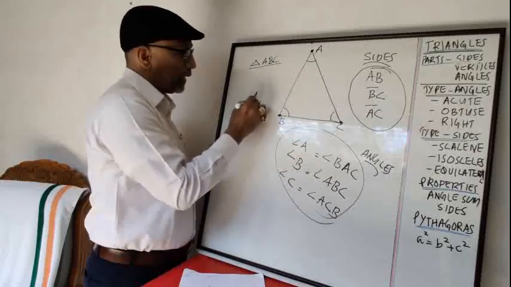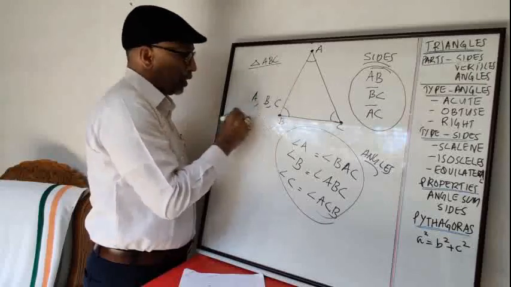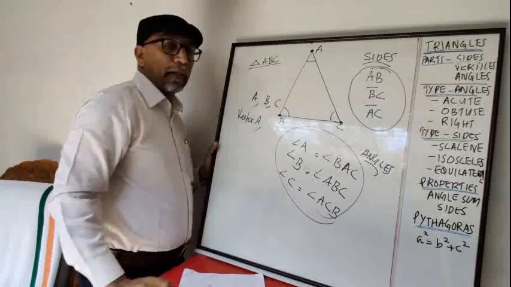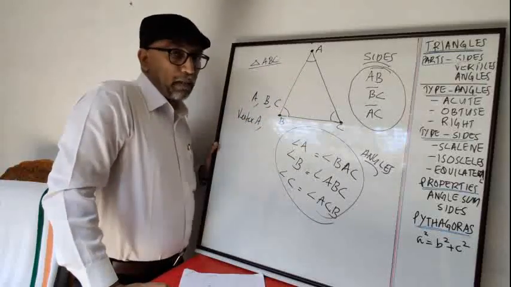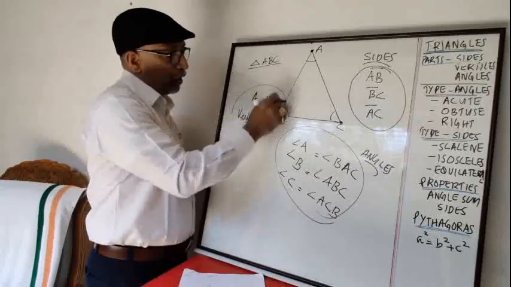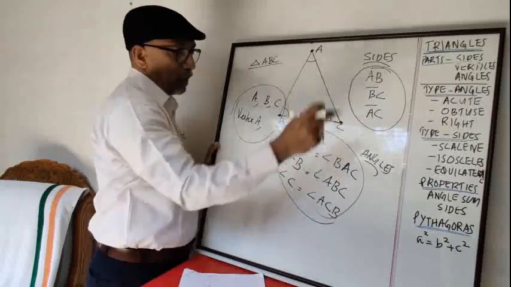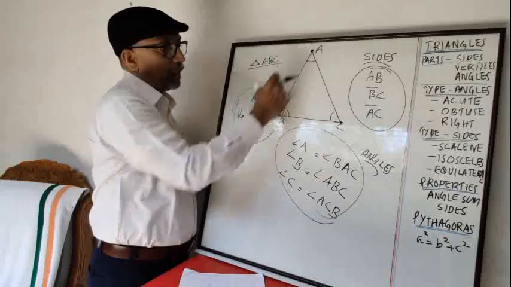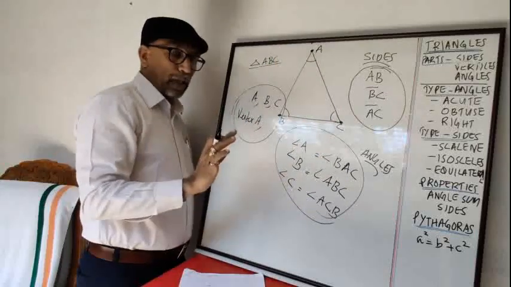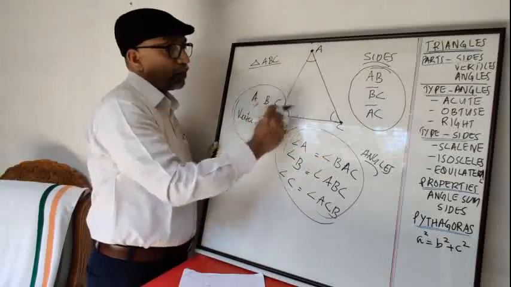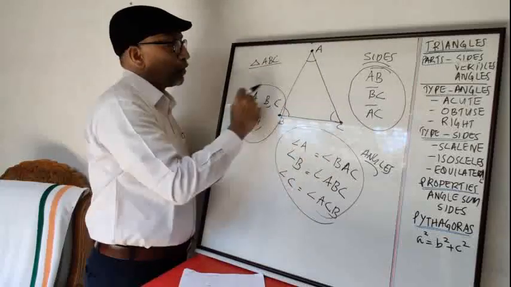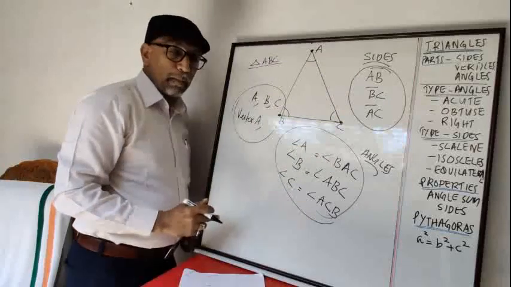So we have three vertices, A, B, and C. You can write vertex A, vertex B, and vertex C. So we have three things: sides, angles, and vertices. These are the parts of a triangle. If you look into triangle ABC seriously, we have three parts: the sides, the angles, and the vertices. The name of the triangle is triangle ABC.